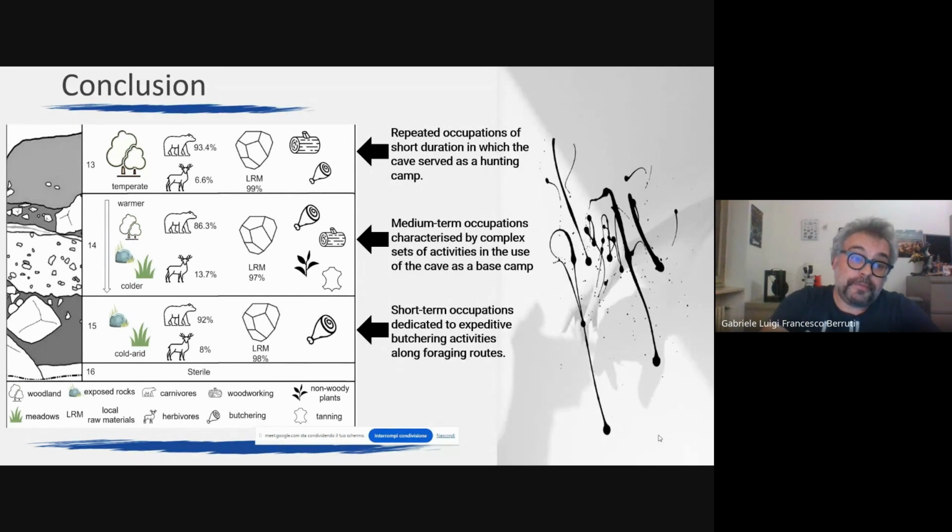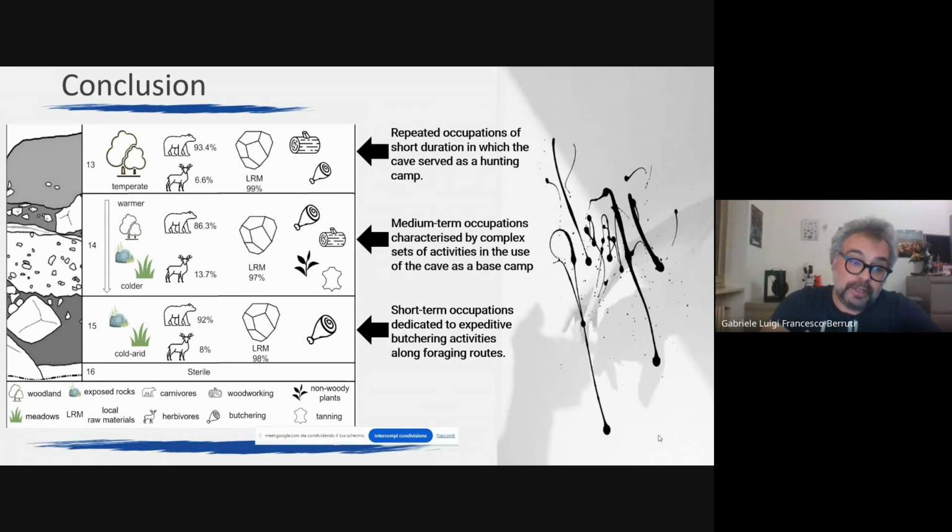At the end, in the unit 15, in a very cold period, the carnivores increase, the presence of herbivores decreases, also the presence of local raw material increases again, and we have only traces of butchering activity. In this case, our interpretation is that the Ciota Ciara was used only for butchering activity, probably along the foraging routes of the Neanderthal groups.